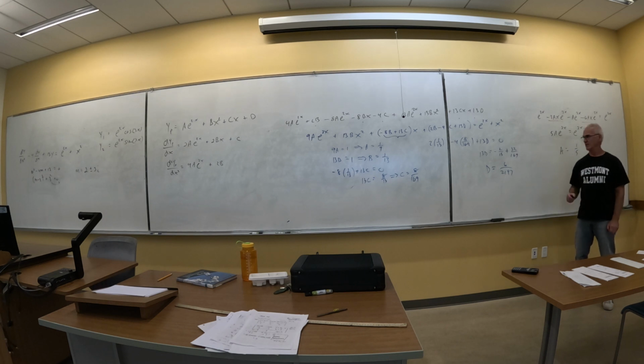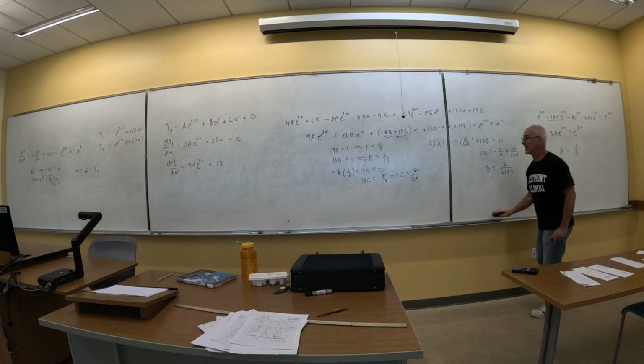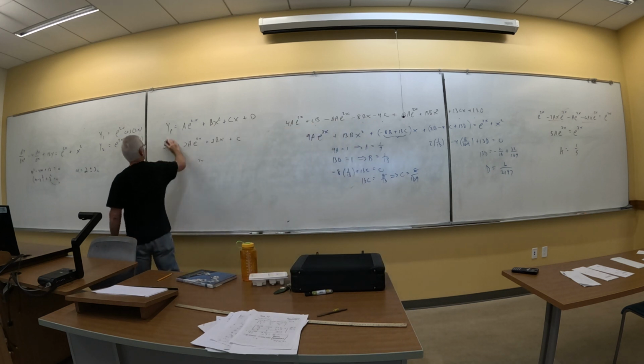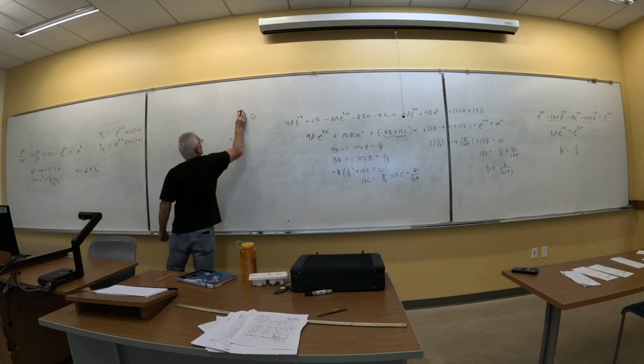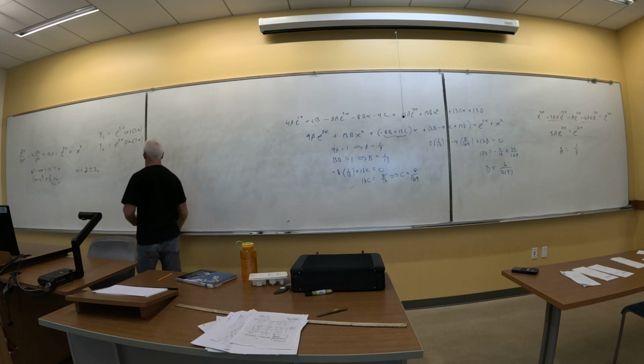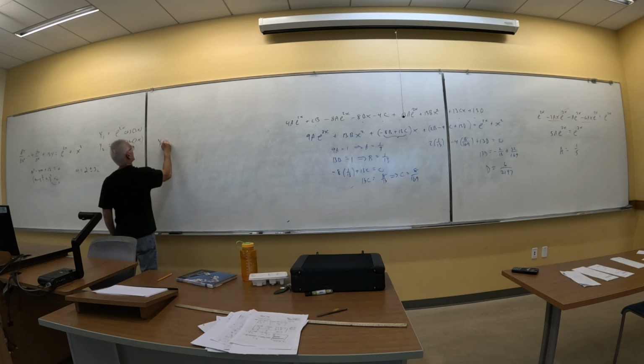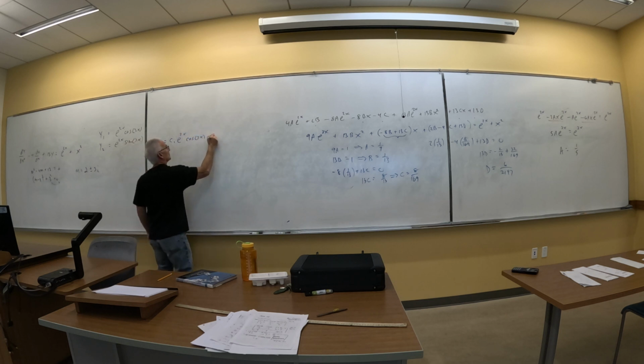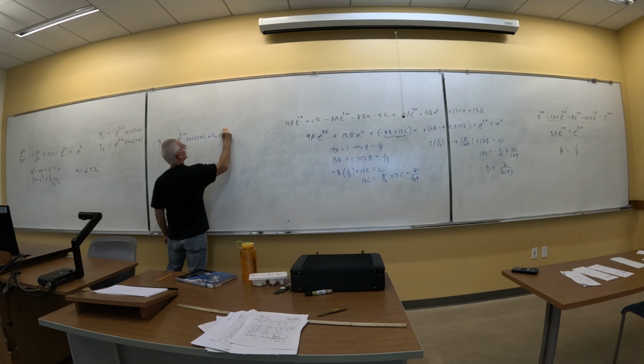It's 13 cubed. Do we have everything we need? Yeah. So we can now state the final answer. I'll go ahead and erase this. Maybe I shouldn't, but. So y equals C1 of these plus C2 of these.